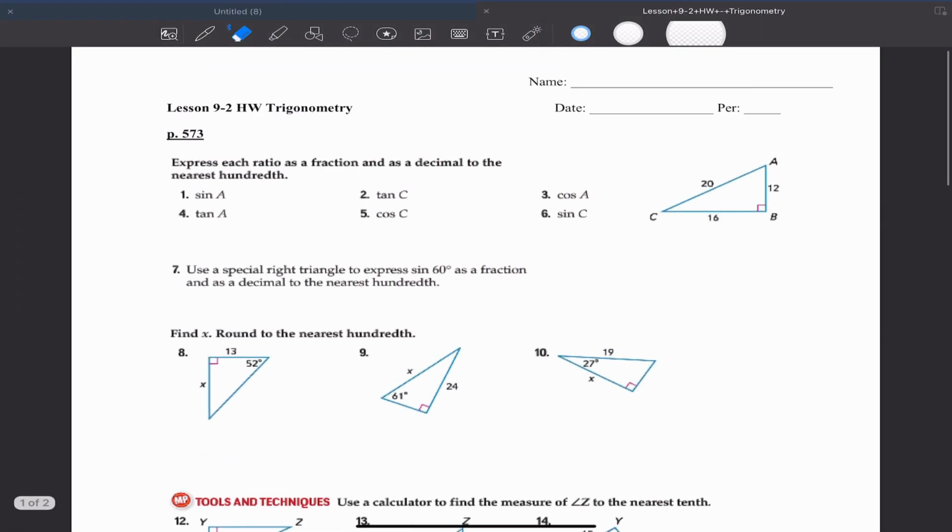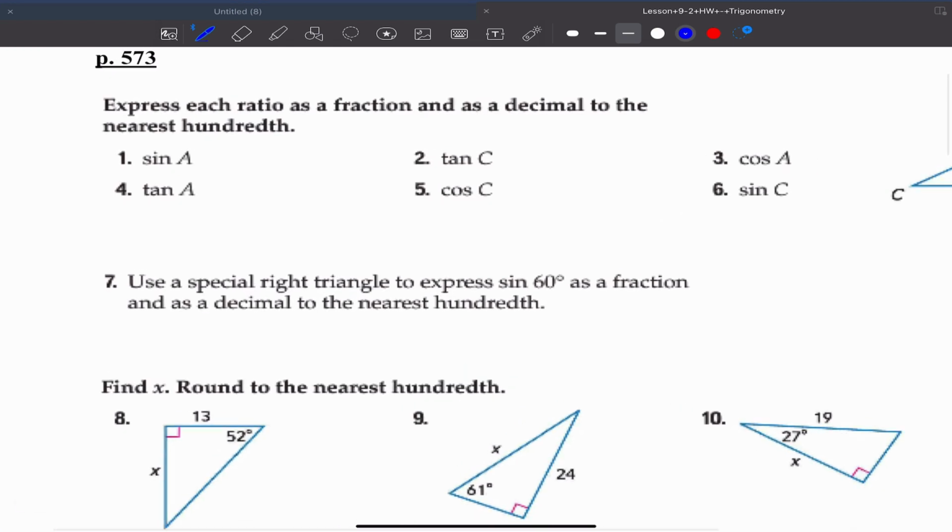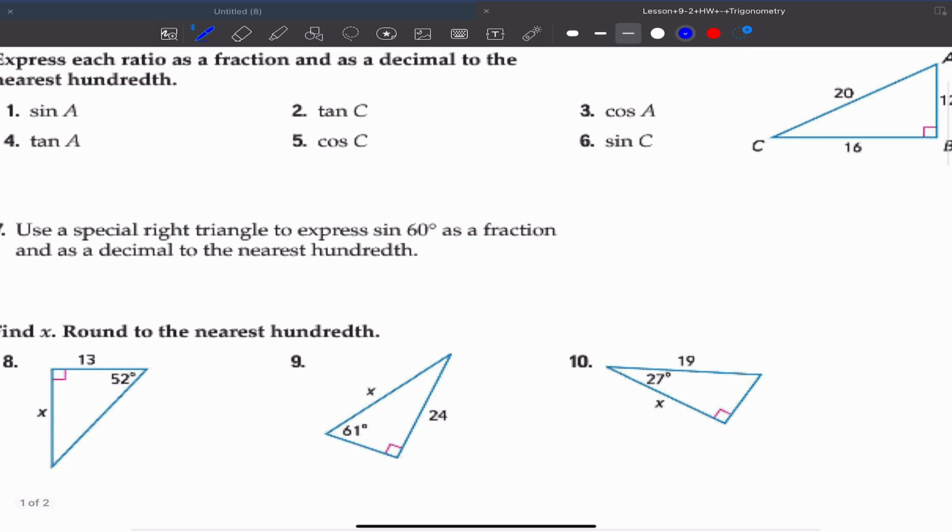That means if you have your reference sheet that I gave you in class, definitely take a look at that. You're using special right triangles. Remember, we're dealing with 30, 60, 90 here, 45, 45, 90. So let me go ahead and draw both triangles.